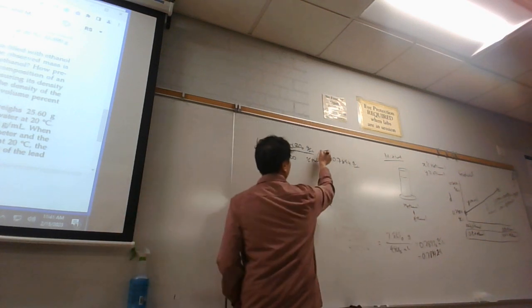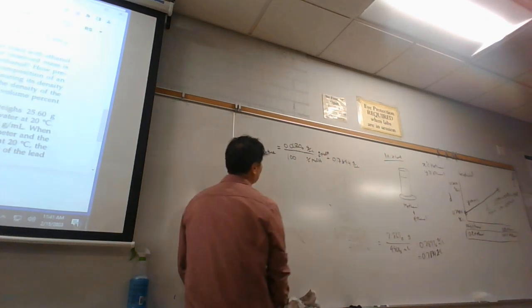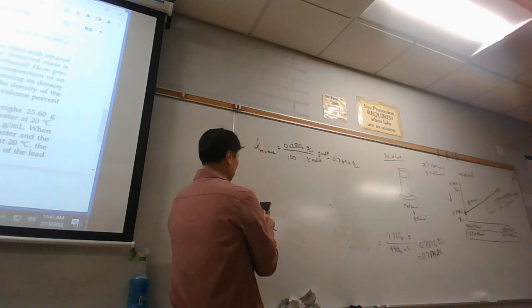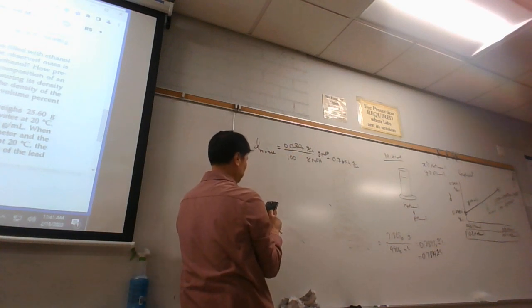Oops, I forgot. Times X. Our X is percent methanol here. So 0.002 divided by 100.